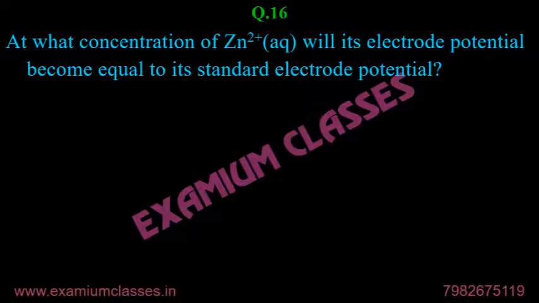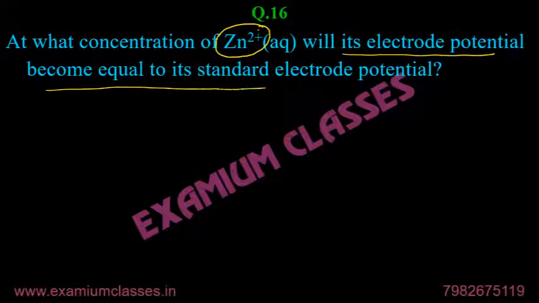Next question. At what concentration of zinc ion will its electrode potential become equal to its standard electrode potential? So basically, the question is asking whether you know what is standard electrode potential or not. That's simple. Obviously, it will always be electrode potential, but for it to be standard electrode potential, there is just one condition. That condition you have to mention here, when the electrode potential becomes standard electrode potential.